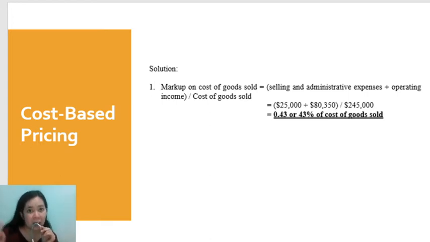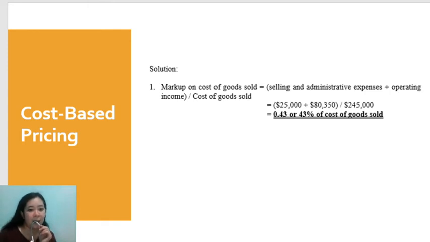That's why we added that up on the numerator side. This is our basis for computation. So that's 43% of cost of goods sold. That's the percentage that they add or mark up on the cost of goods sold to get the sales.